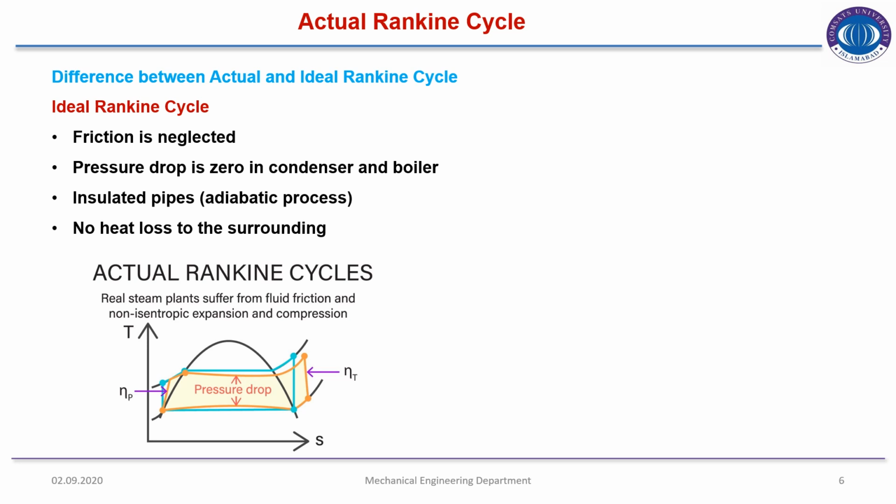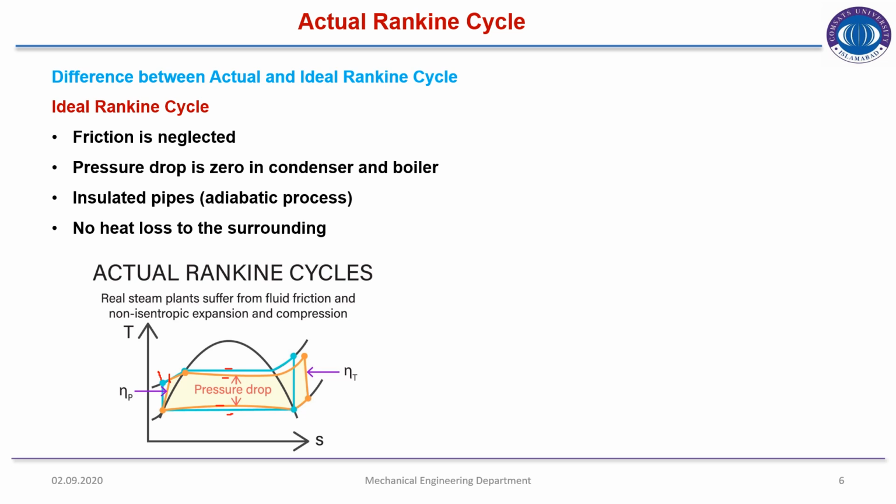For example, here the yellow line is intersecting here, whereas the blue line is here. These are two different points, and it is evident that here the blue line is above and the yellow line is down, and here the blue line is down and the yellow line is above. These are the differences between the actual and ideal Rankine cycle in the TS diagram.